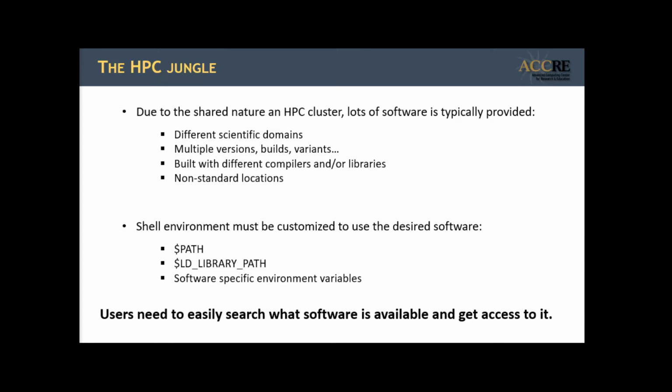But on a shared environment like an HPC cluster, we have a lot of users, and each user comes from different disciplines. We have users from the medical center, from physics, chemistry, engineering, and all of those may use the same software, like Python or R, but they may also need particular software.